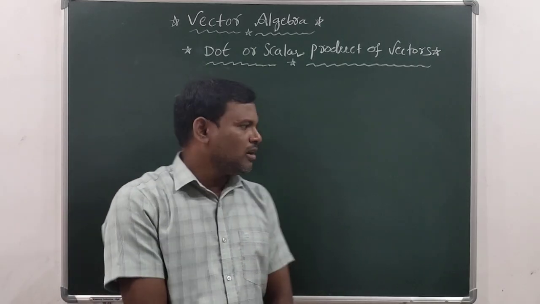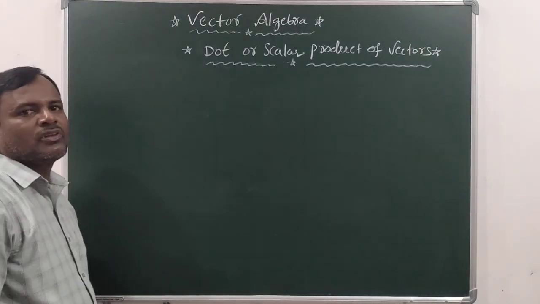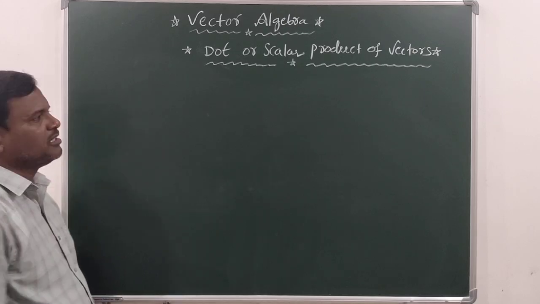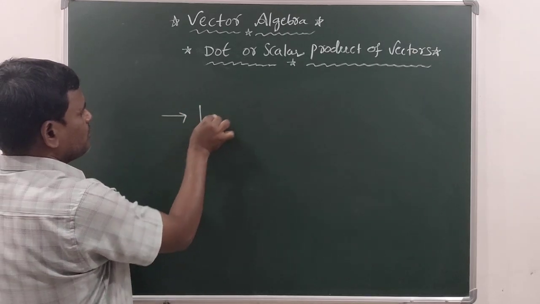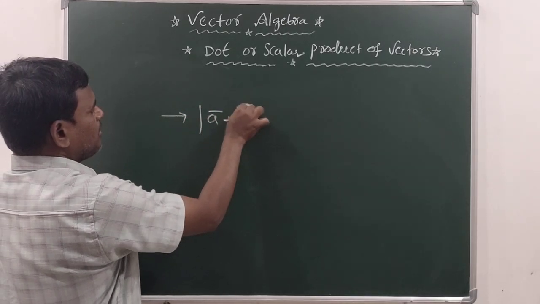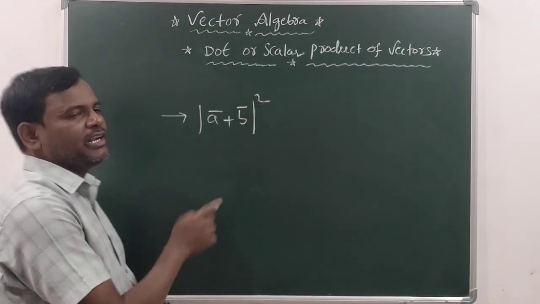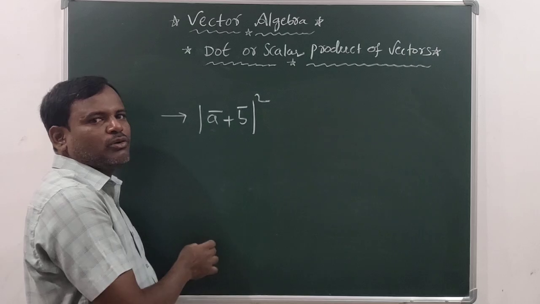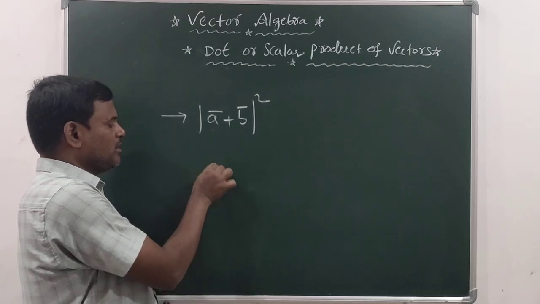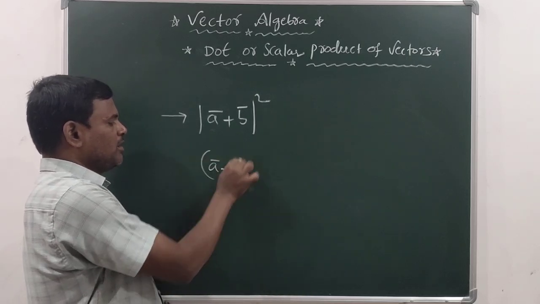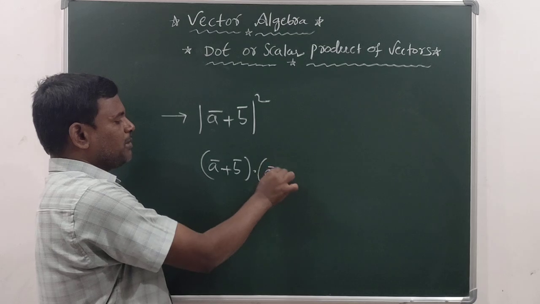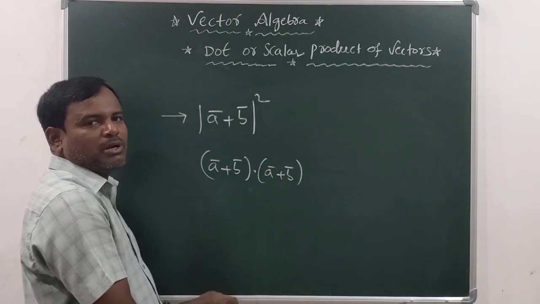Now let us go to these standard results, which are useful while doing the applications. Mod A plus B whole square works just like binomials. These two vectors you have to multiply two times, like A bar plus B bar into A bar plus B bar, just the normal multiplication.